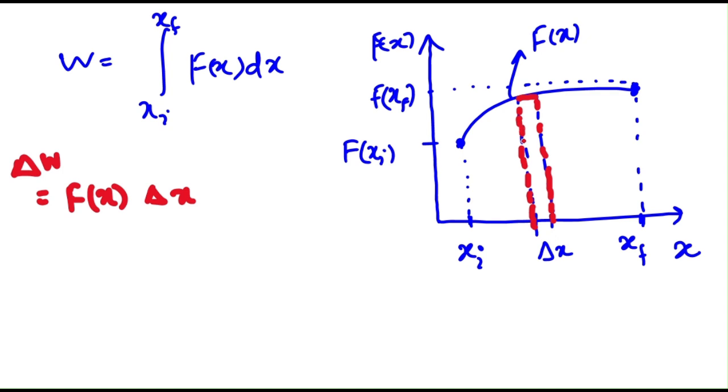Geometrically, it is the area under this curve, and this curve is nothing but a plot of f(x) versus x. So this area represents delta w, and we can slice the entire region under the projection of this graph.